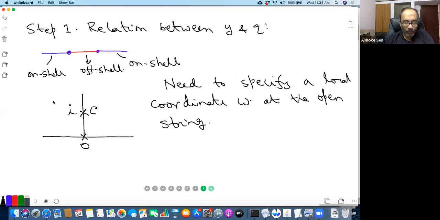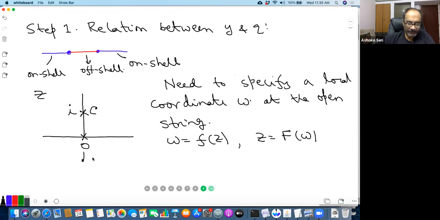So if Z is the coordinate on the upper half plane, then in general W is related to Z by some functional relationship, or Z is the inverse function. This means that if we take an off shell open string, let's imagine you have an open string with vertex operator V, which is not necessarily a dimension 0 primary because it's off shell.